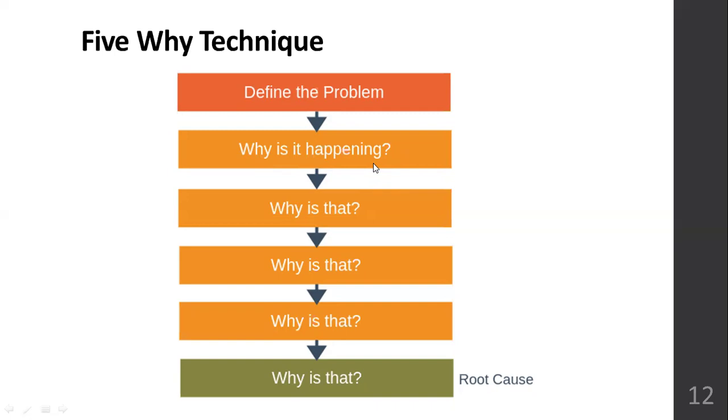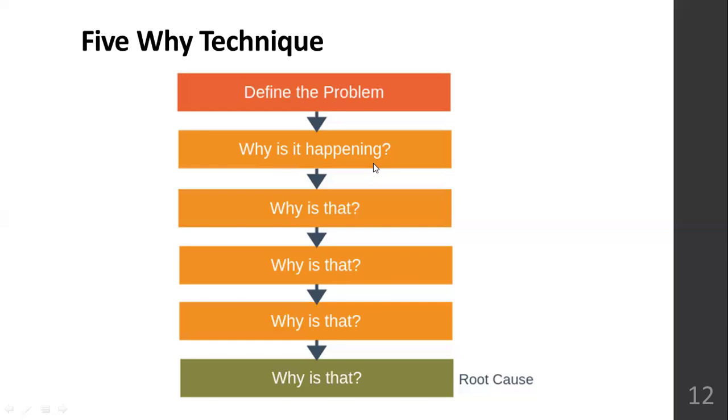The number 5 comes from all the previous times everyone has used this technique: asking at least 5 why questions, 5 iterations of asking why, is sufficient to find the root cause. You don't have to use 6 whys or 7 whys.